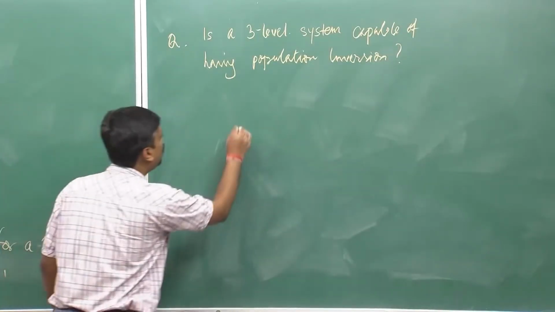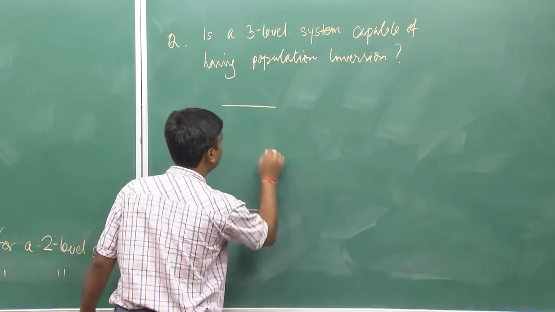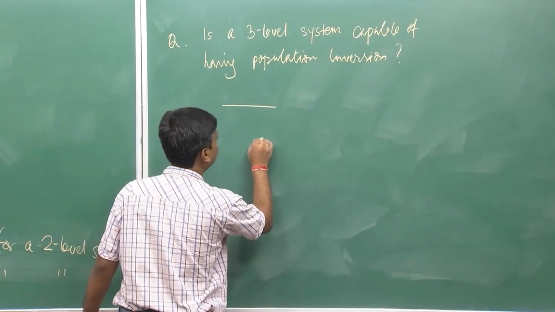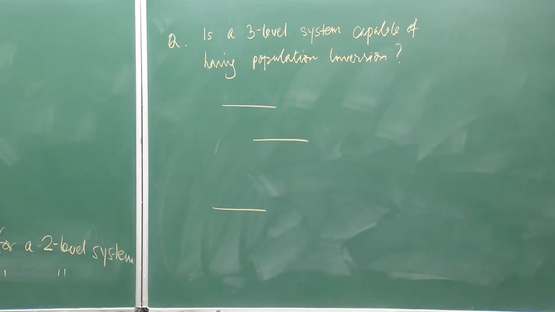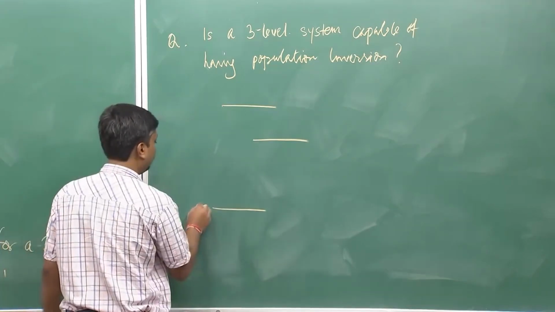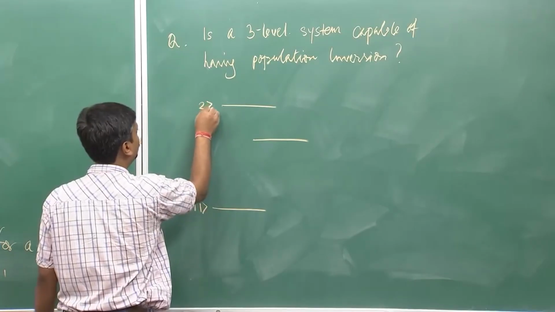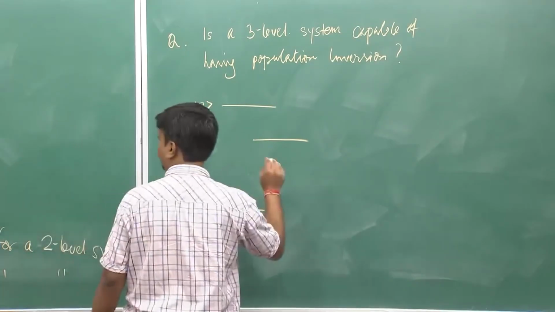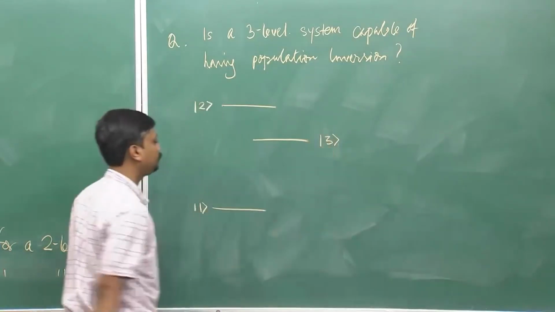If I draw a 3-level system, just for clarity, I am drawing in this fashion. This has nothing to do with the actual energy level picture. So, I have state 1, I have state 2, and I have state 3.